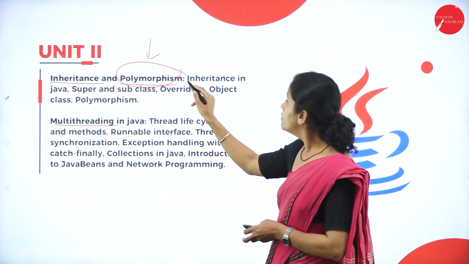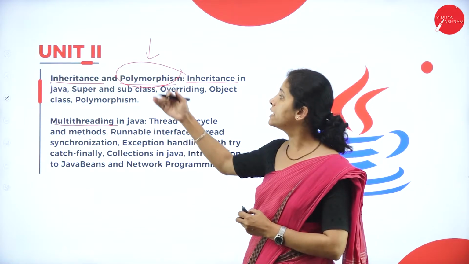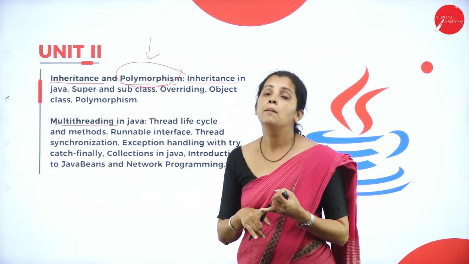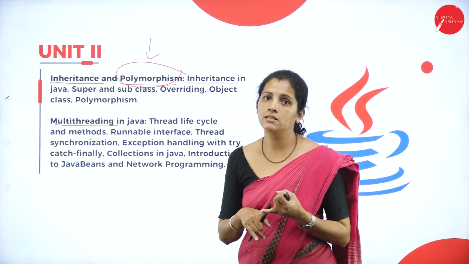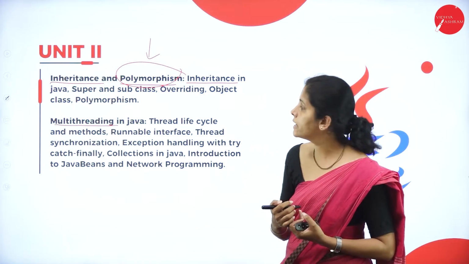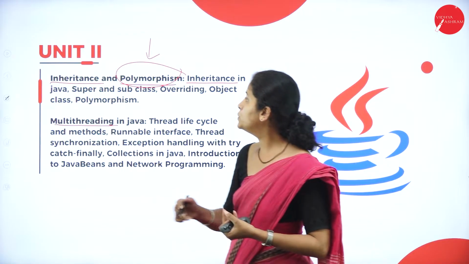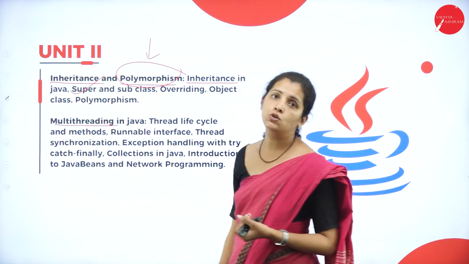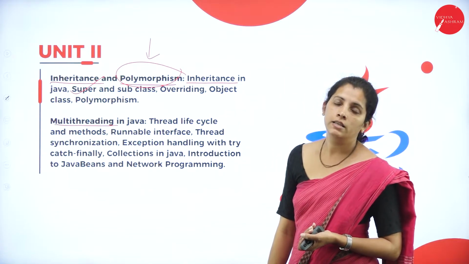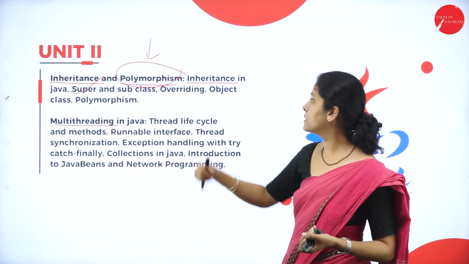So here, we are going to study inheritance. That is nothing but the different kinds of inheritance: single inheritance, multi-level inheritance, hybrid inheritance, hierarchical inheritance, etc. Along with that, we are going to study what is the super keyword as well as superclass and subclass.